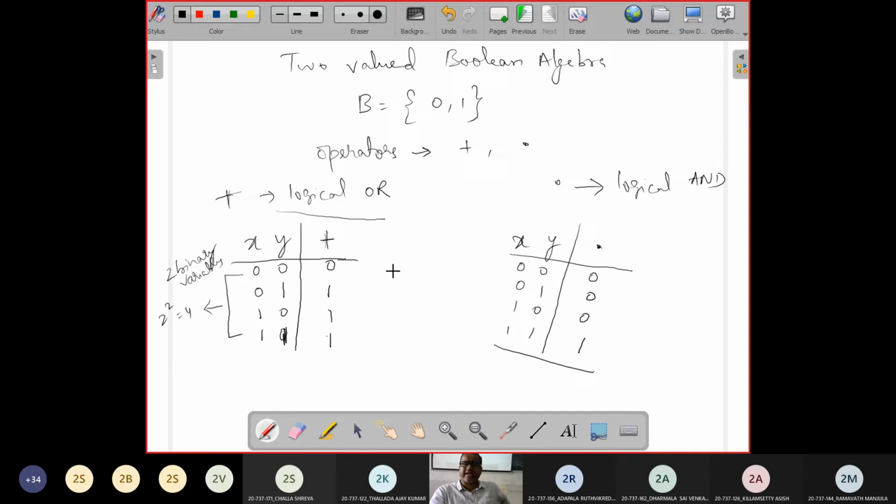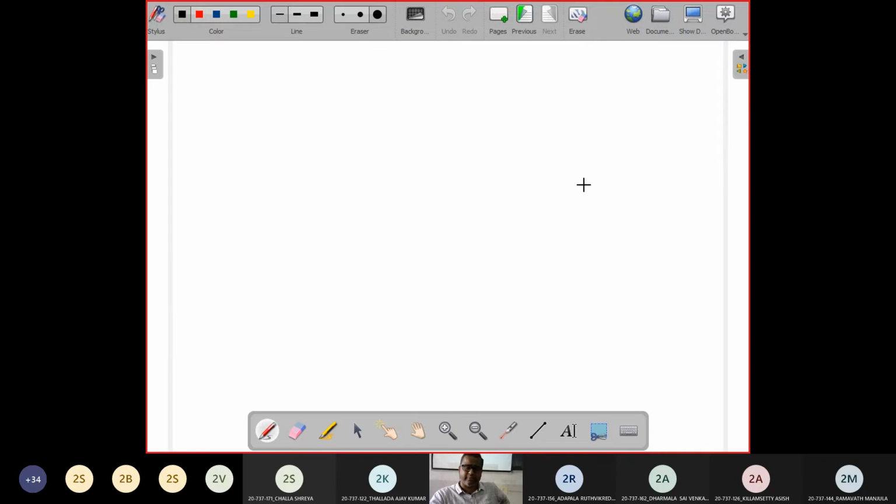Now in addition to this, I can also define one more operator which is called the NOT operator. Usually you represent this as a complement. Say for example, if X is my binary variable, I can define the NOT operator on X as either X bar or X complement.